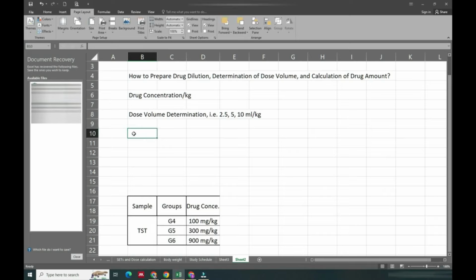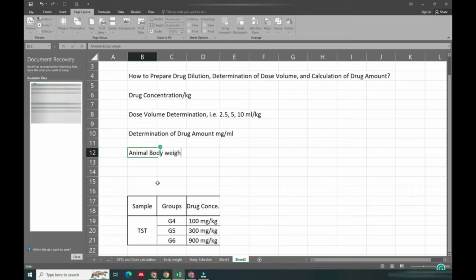And the next point is determination of drug amount. So that we are generally calculating in mg per ml. And then the next point is the animal body weight.